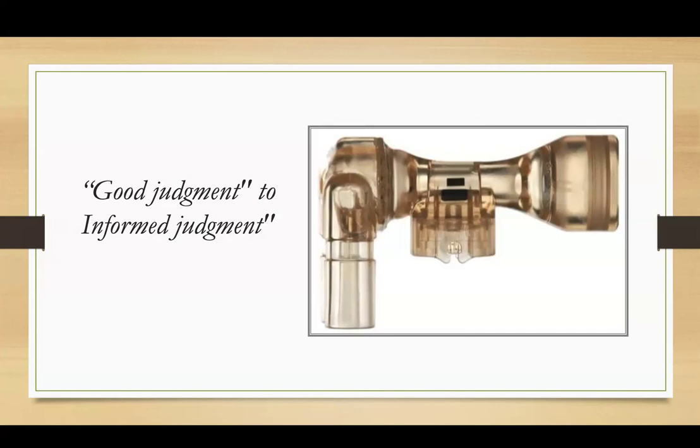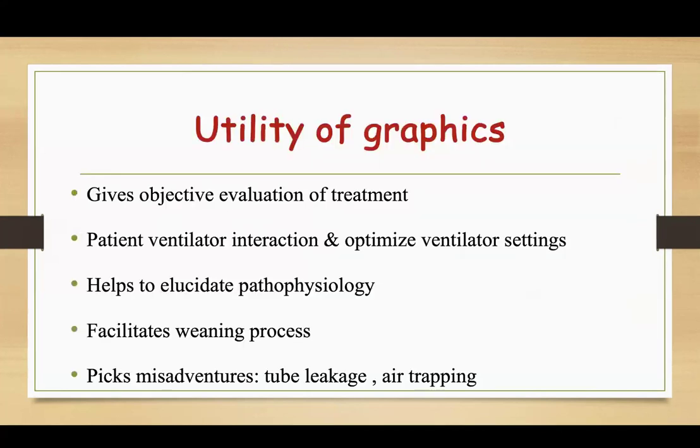So always try to maintain this flow sensor in good condition and always see whether it is working or not. Without this flow sensor, whatever modes we may use, whether SIMV, assist control, or graphics, they may not be reliable. So always make sure it is in place and in working condition.